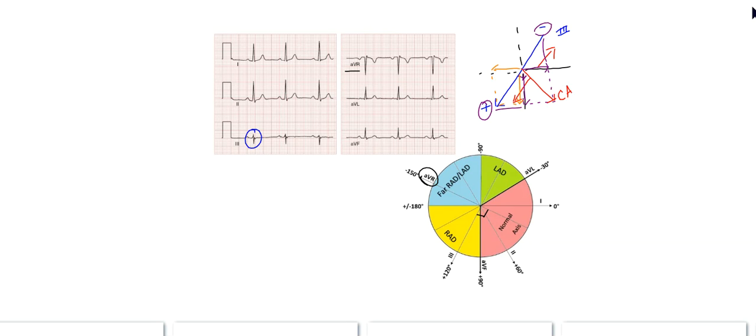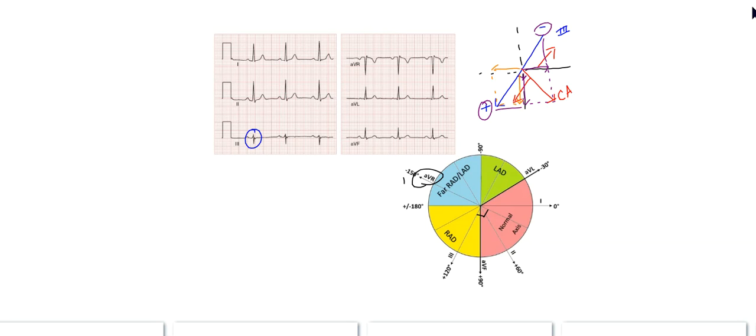What's this side? Is this side over here positive or negative for AVR? Probably can't see it very well. Get rid of my circle. This is where the point is. If this is where the arrowhead is, the arrow is always pointing toward which electrode, positive or negative? Positive.